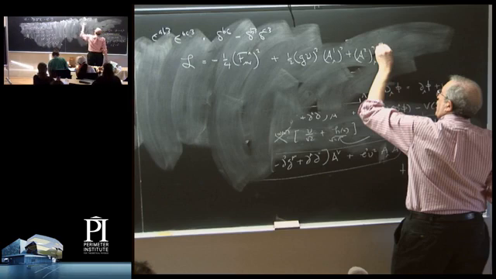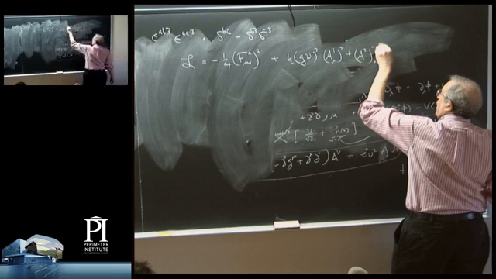The kinetic term for the gauge field, a mass term, but it's a mass term only for the fields 1 and 2, and not for the field 3.